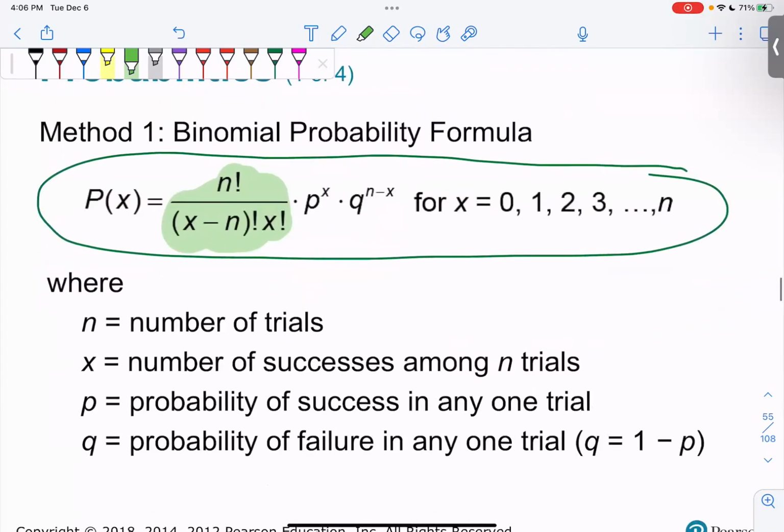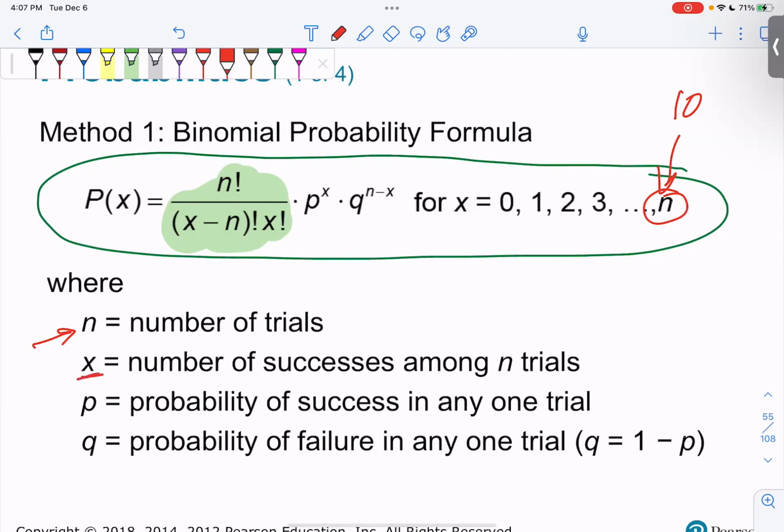So here we have them. N is the number of trials, how many times we try this experiment. And we must say this is fixed, right? So it might be 10 or 15 or 1,000 or a million. We don't care how big it is, but it is a fixed number.